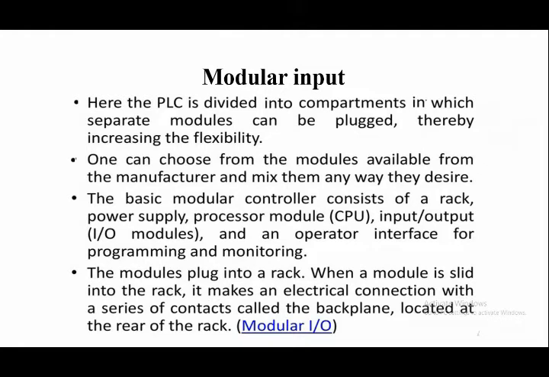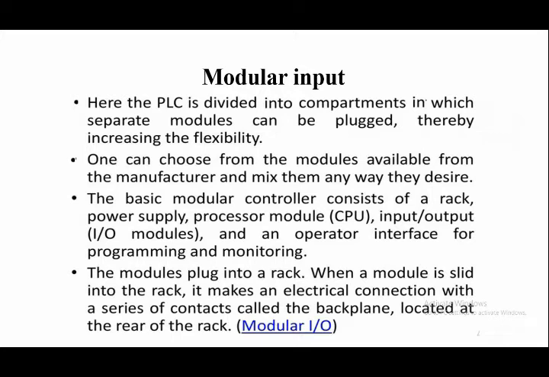Modular inputs. Here the PLC is divided into compartments in which separate modules can be plugged, thereby increasing the flexibility. One can choose from the modules available from the manufacturer and mix them any way they desire.